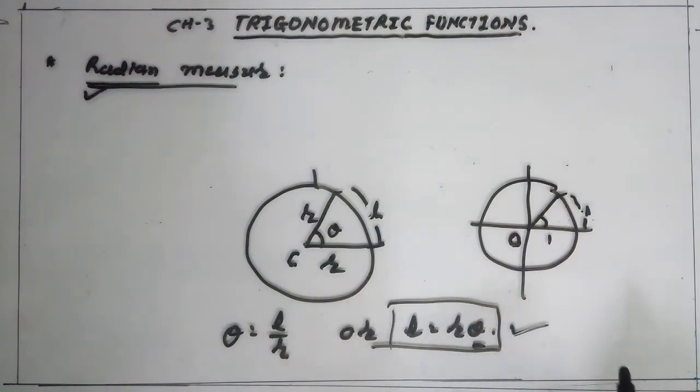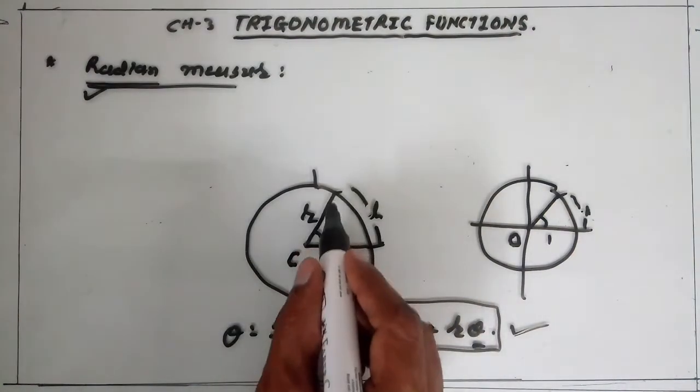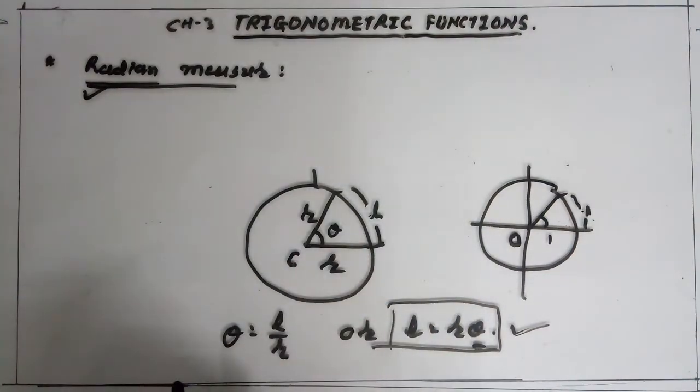Remember this formula, L is equal to r theta, where L is the length of an arc, r is the radius of the circle, and theta is the angle formed by this arc of length L at the center of the circle. Clear?